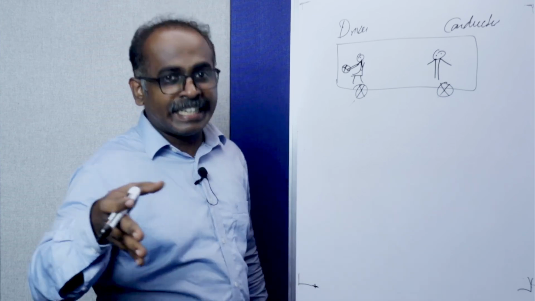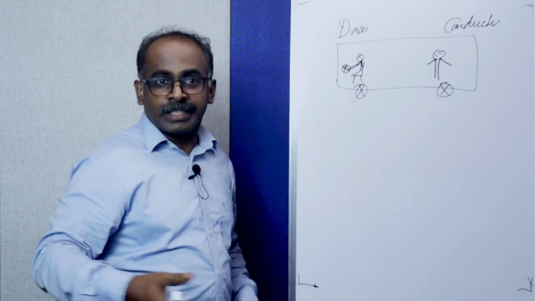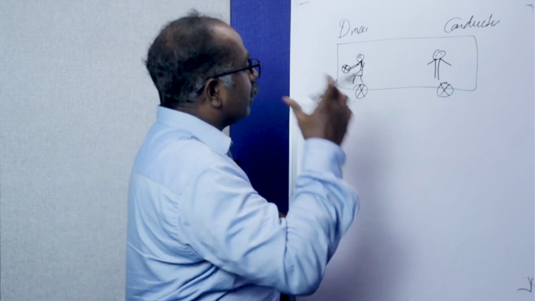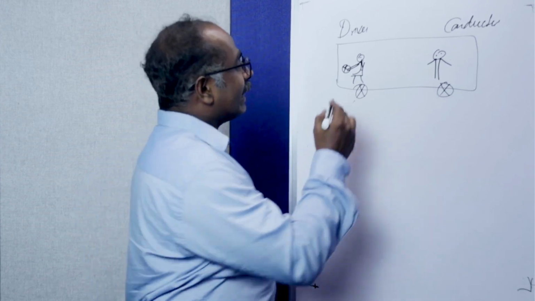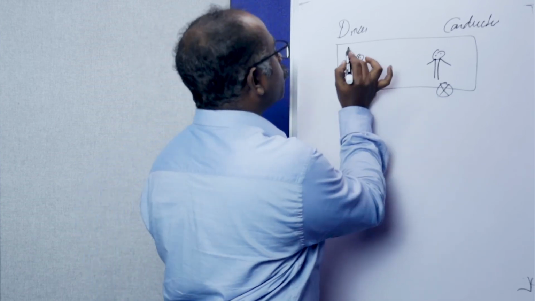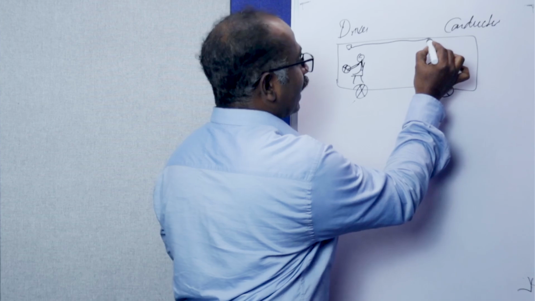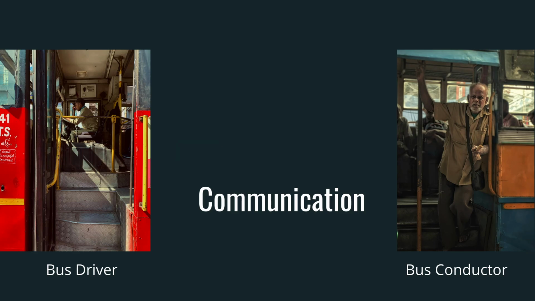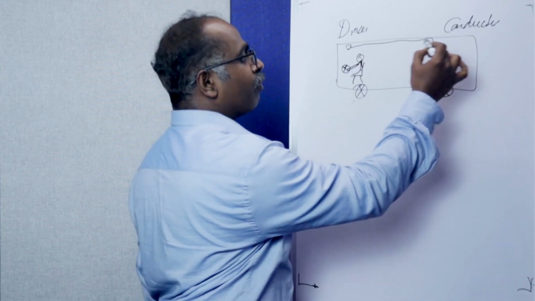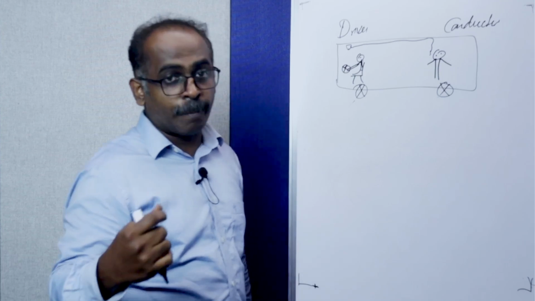For that, especially in India, my country, there's a bell connected near the driver and a rope connected to it which reaches near the conductor. He will be able to pull that rope from anywhere.